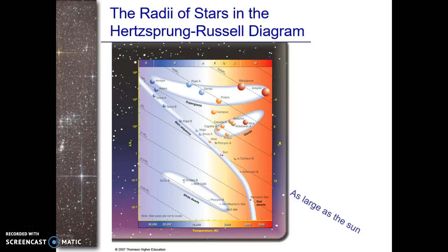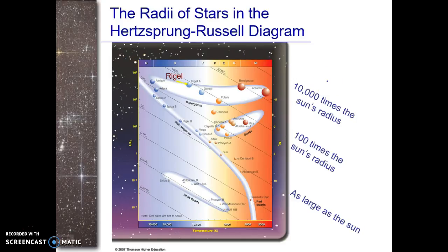Any along this line are 100 times bigger than our sun, the 100R. This one is 10R, so it's 10 times the size of our sun. These up here would be 10,000 times the size of our sun. And if we go down, we get 1/10 the size, 1/100th the size, 1/1000th the size.